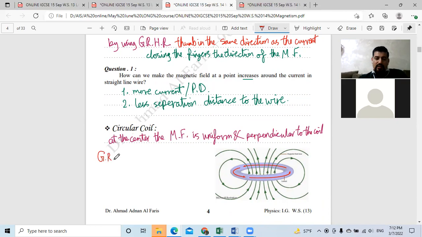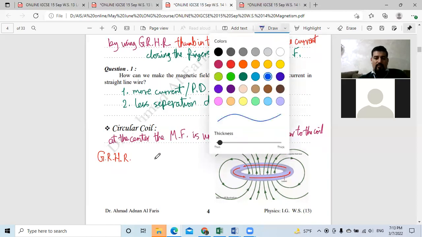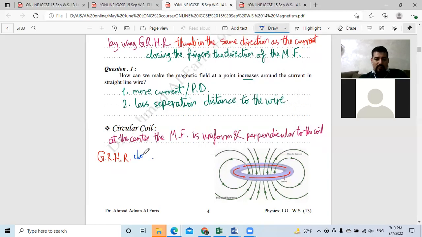Grip right hand rule. What does it say? Okay, grip right hand rule. Closing fingers in the same direction as the current.